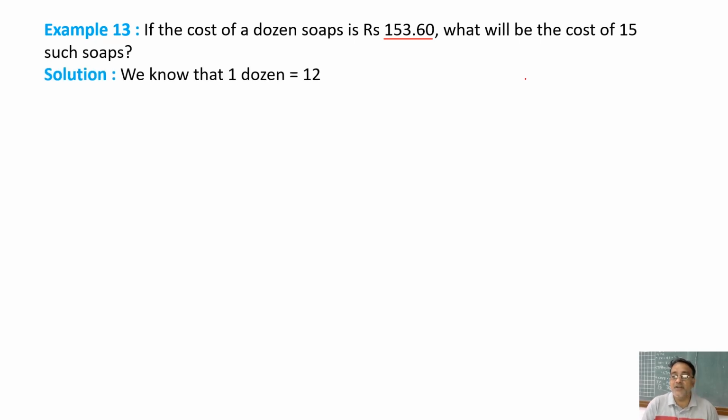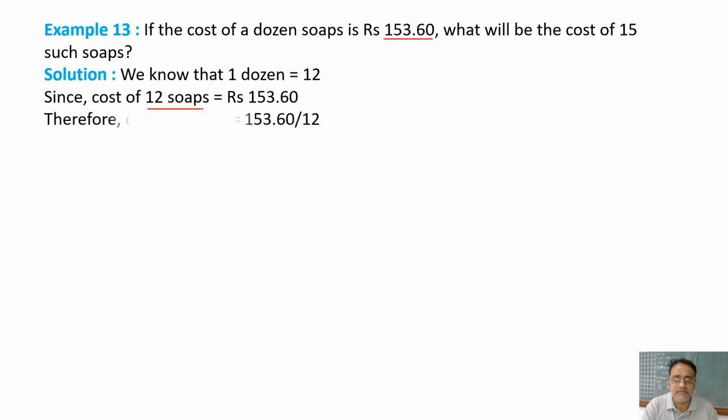So that means cost of 12 soaps is rupees 153.60. अभी हम लोग को 1 यूनिट वैल्यू निकालना है, यहाँ पर यूनिट यहाँ पे सोप है, ठीक है। सो 12 यूनिट वैल्यू इज गिवन एंड वी हैव टू फाइंड 1 यूनिट वैल्यू, सो वी हैव टू मल्टीप्लाई और डिवाइड? डिवाइड, राइट, वेरी गुड। So if you divide 153.60 by 12, then we are getting 12.80. Very good, 12.80. So ये 1 unit value आ गया.